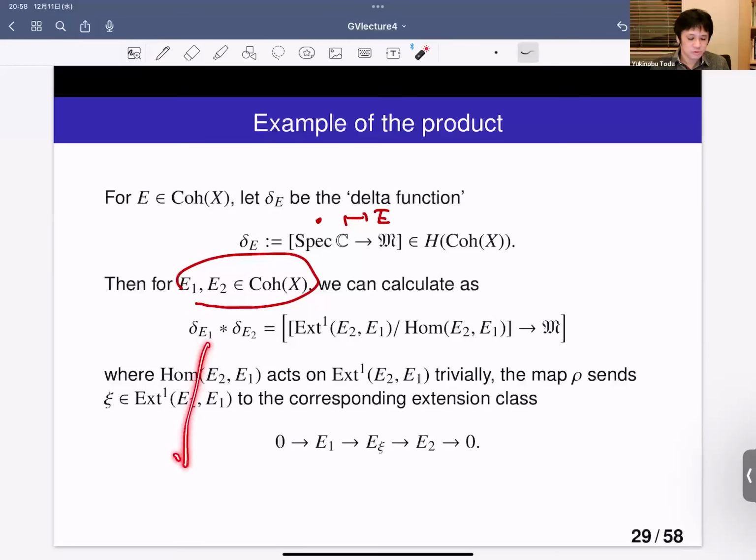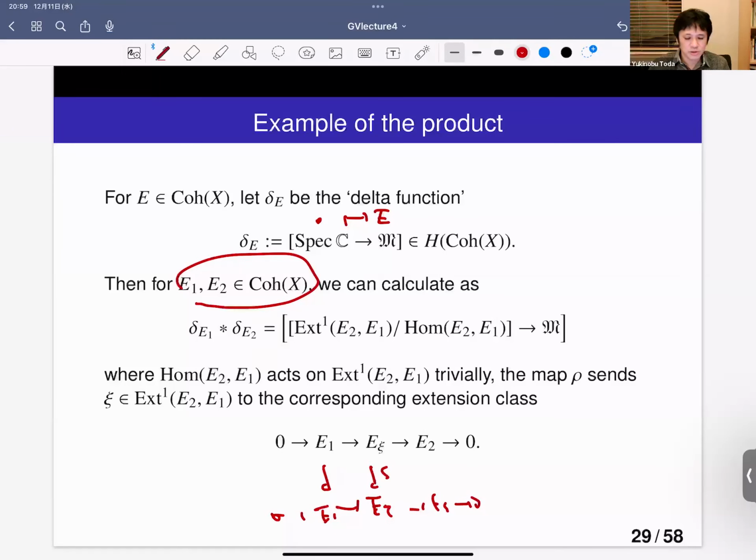This is because in this product, the fiber of the evaluation 1, evaluation 2, evaluation 3 is given by this exact sequence. This exact sequence corresponds to the X1. But you have to take the quotient by some isomorphism groups, so we want to consider these isomorphism groups of this exact sequence.